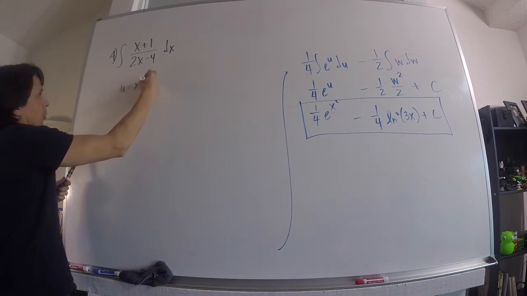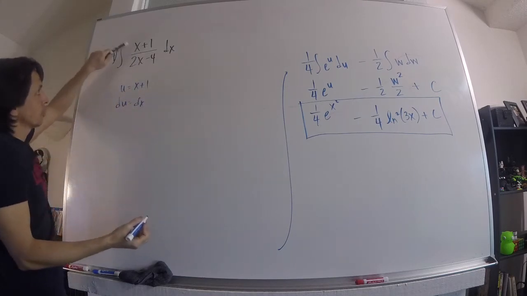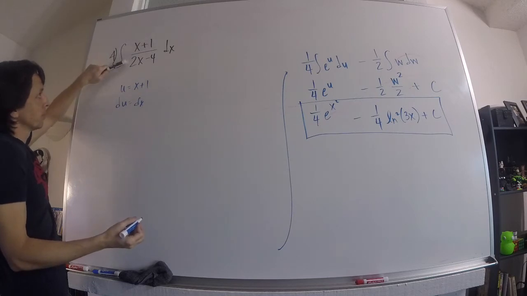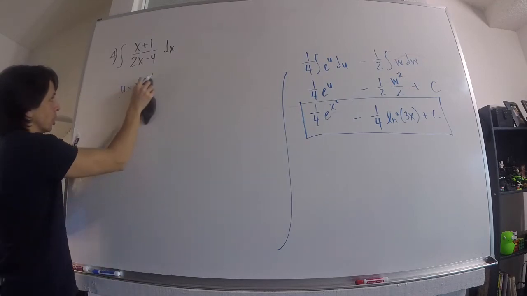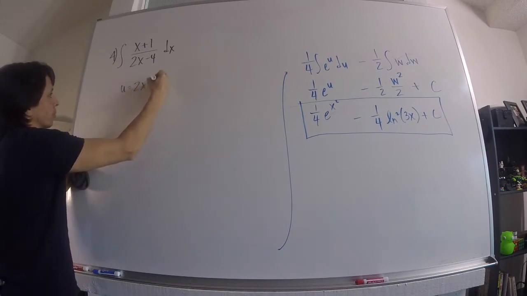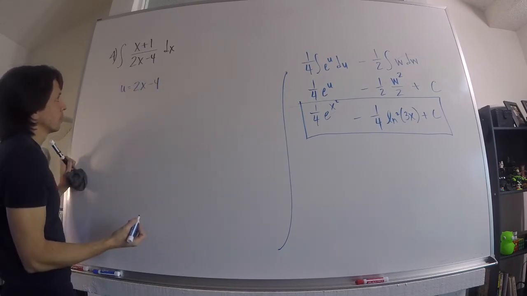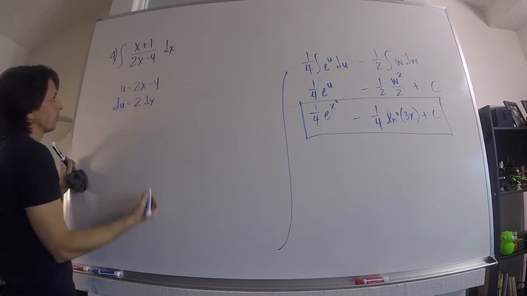U is x plus 1, my du equals to dx. That accounts for the top, it does not account for the bottom. Usually I want to get the bottom to one thing, so let me try setting u to the bottom. Then my du is going to be equal to 2 dx.